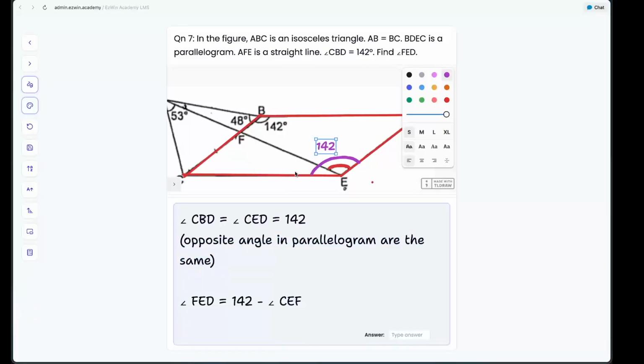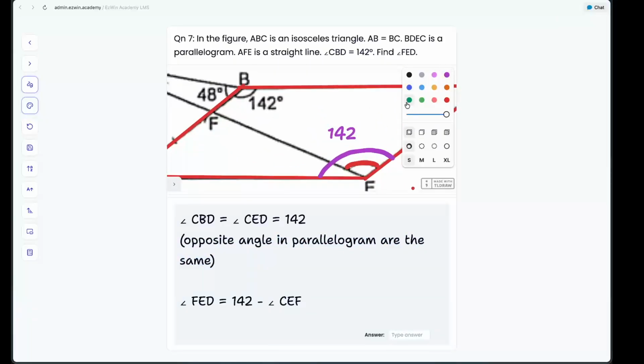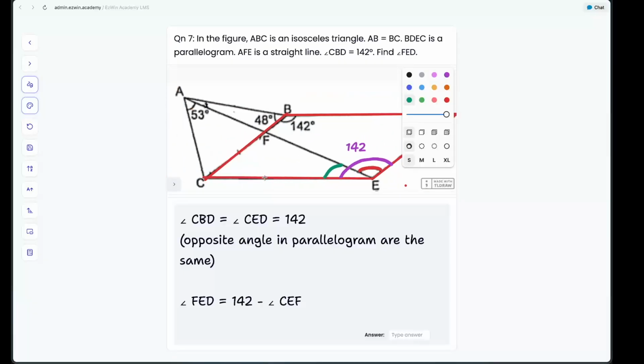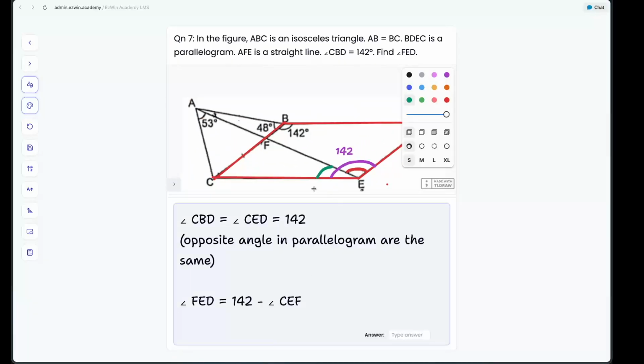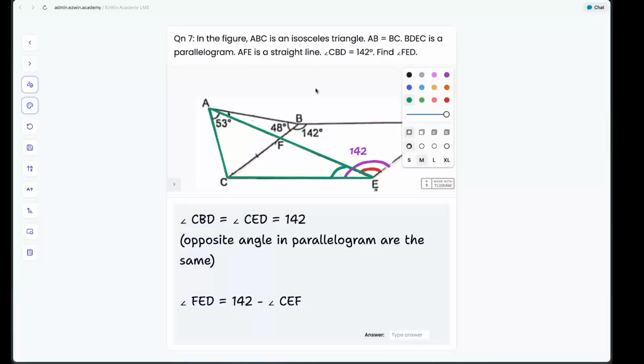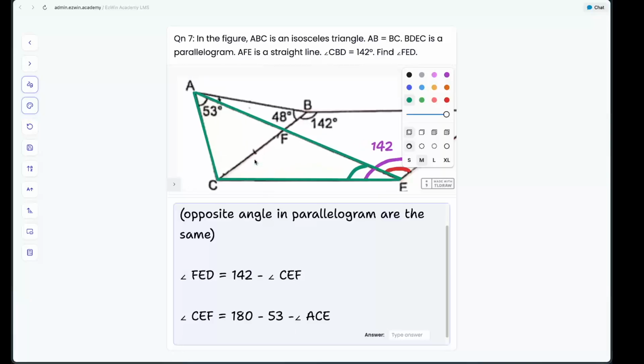So how do we get this angle in green, CEF? The angle in green, CEF, is part of this triangle in green, ACE. To get the angle CEF, we just need 180 minus 53 over here, and then minus this other angle, which I'm going to highlight in orange.